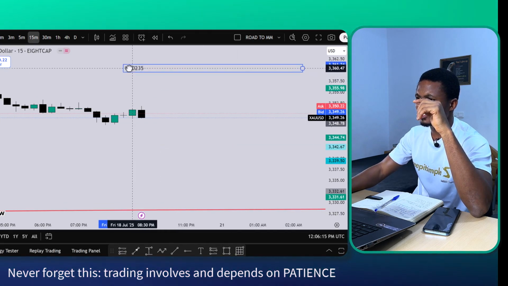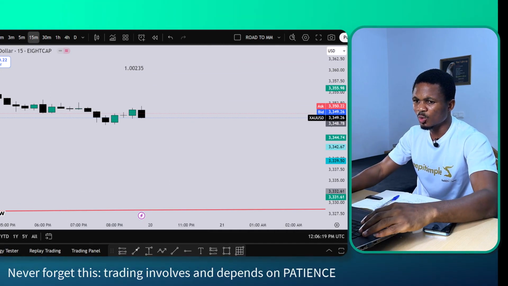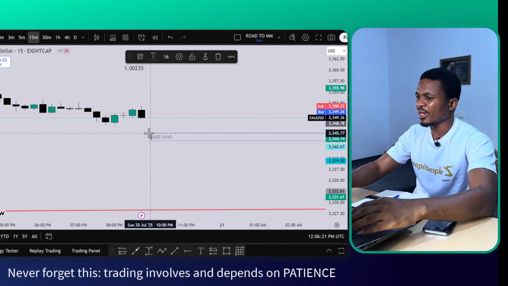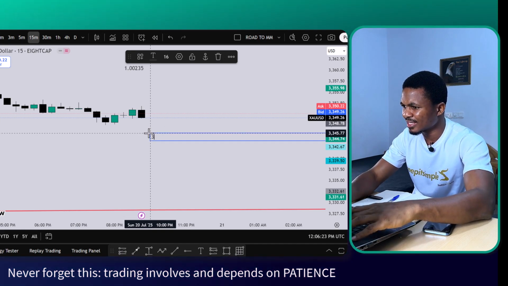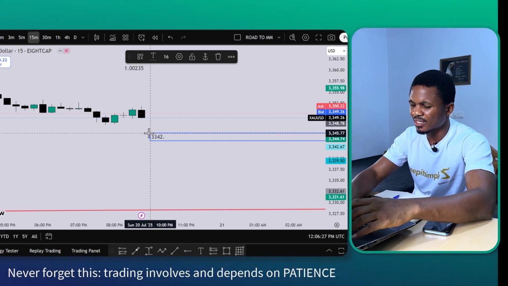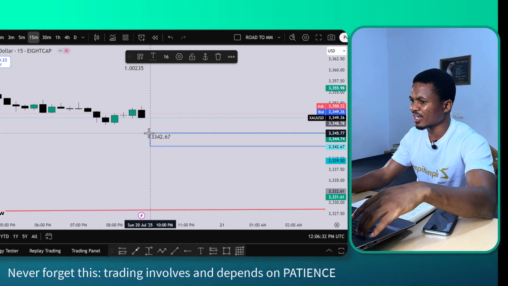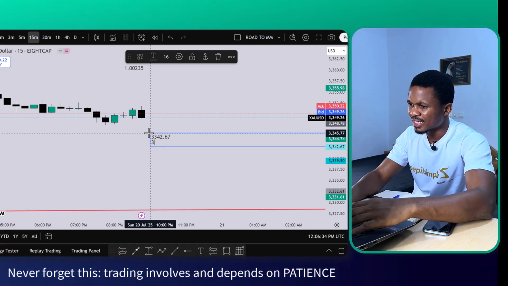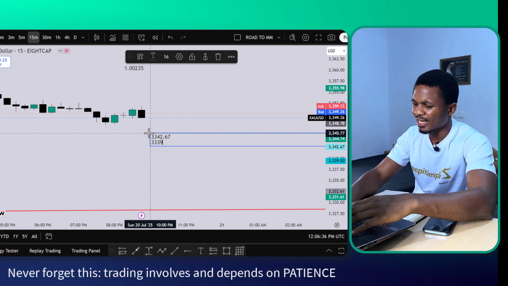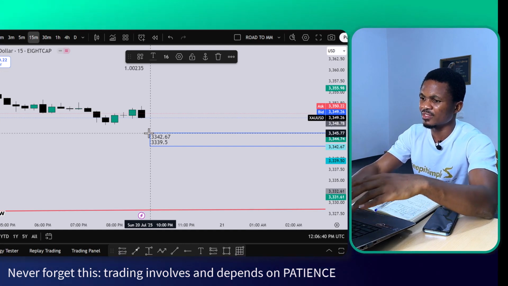Now let me just push this away. So let's assume you want to use this gold calculation. We have 3342.67, then we also have another value of gold over there as 3339.50.